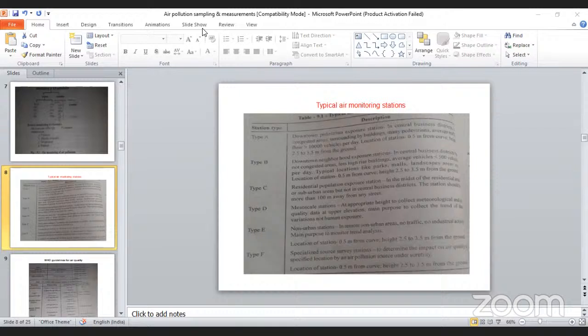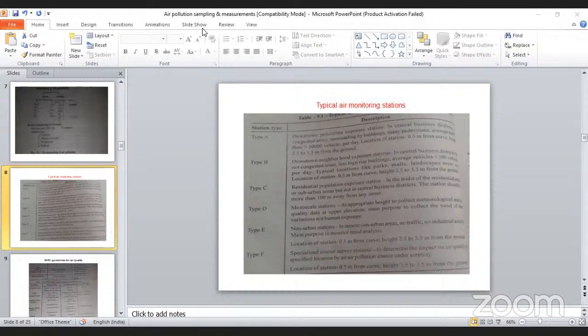Okay. But once we select the site, the general frequency of data collection to be followed is continuous monitoring for gaseous pollutants, and for particulates once every 3 days. And the minimum number of stations is supposed to be 3 for the comparison.